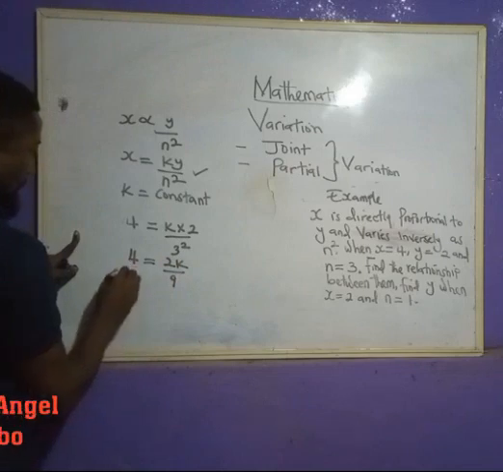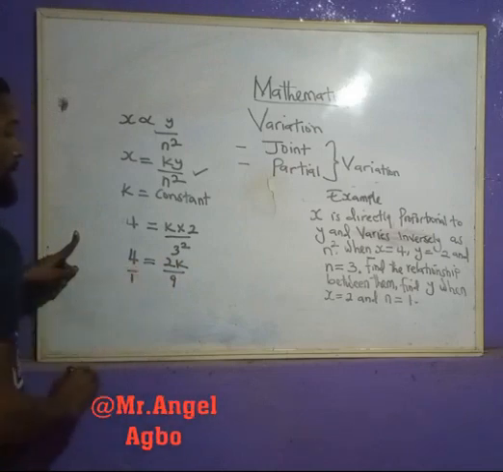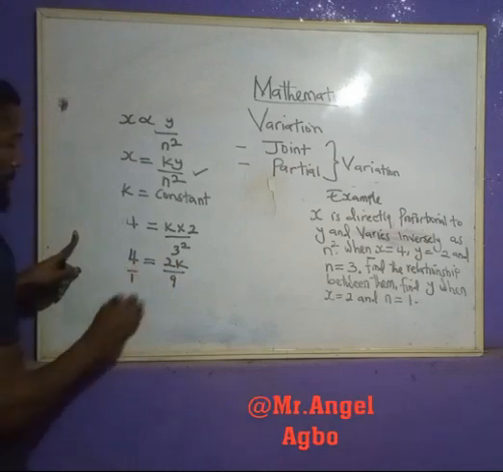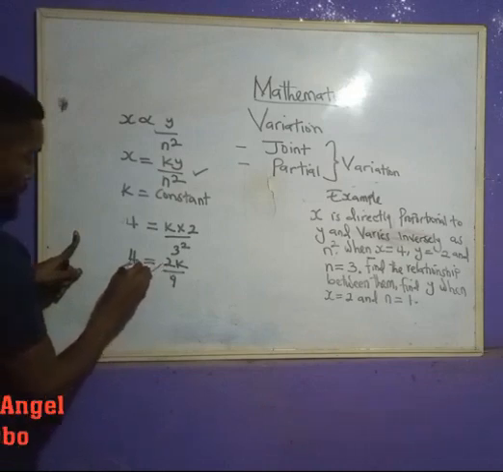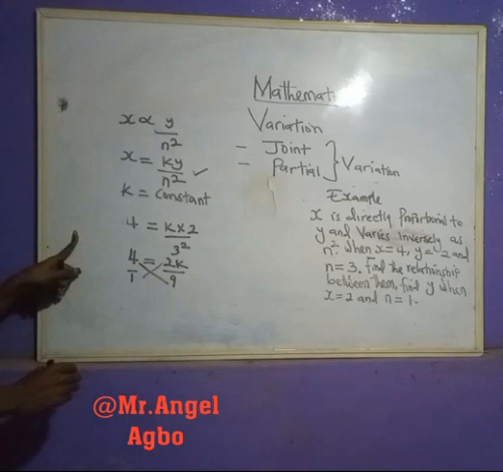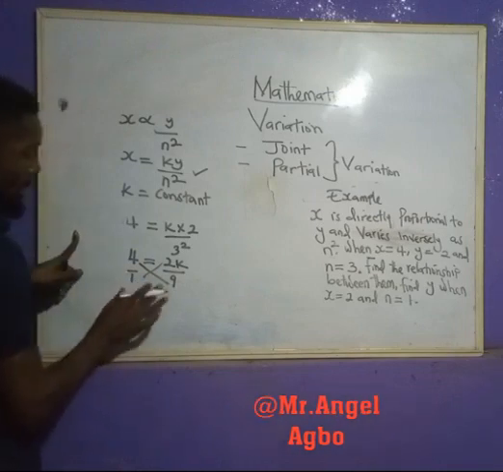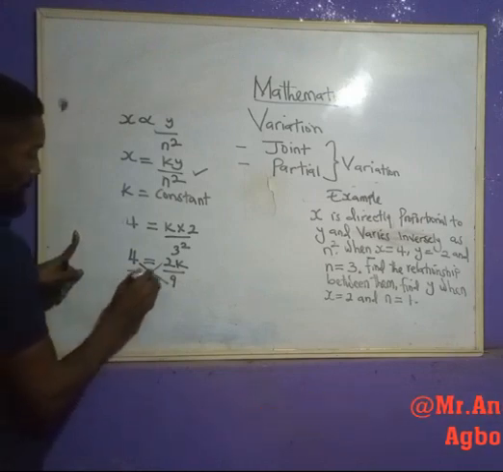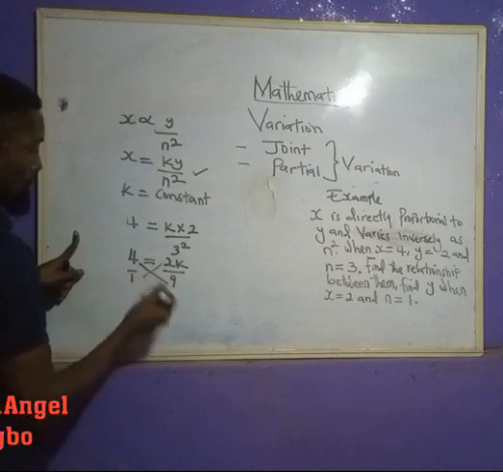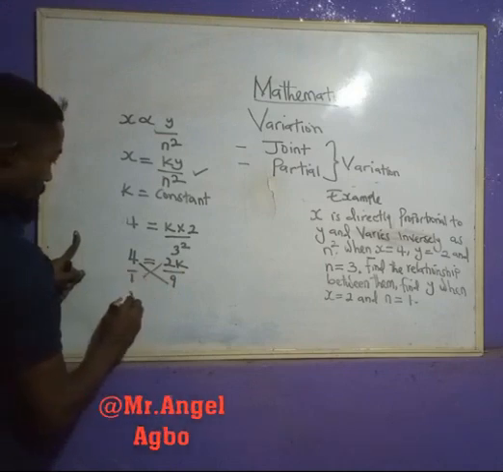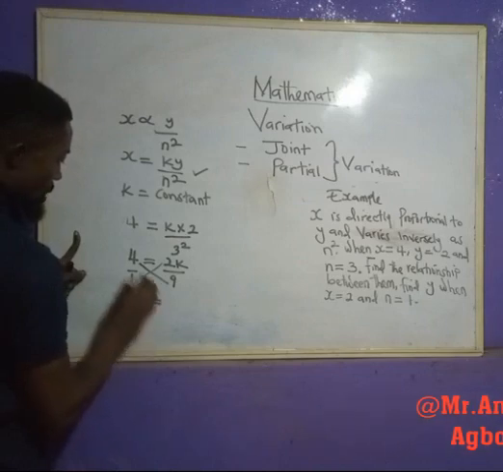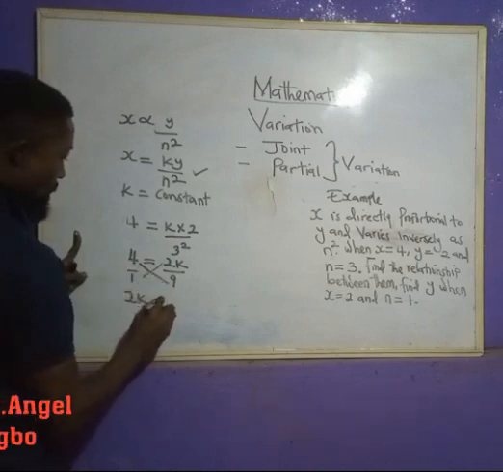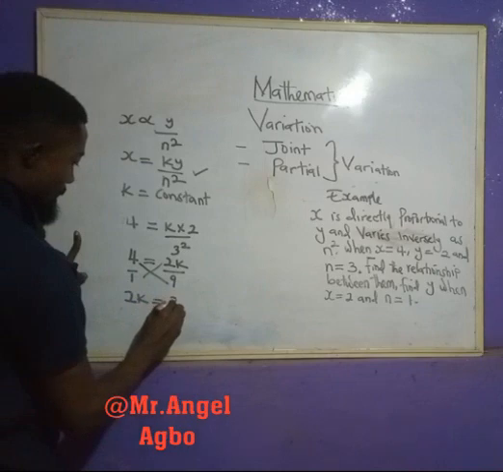But remember, 4 is just like 4 divided by 1, which is still the same as 4. For understanding and clarity, we can put it this way so that it will be balanced. Now we are going to cross multiply. 2k times 1 is 2k, right? We have it as 2k. 4 times 9 will give us 36.